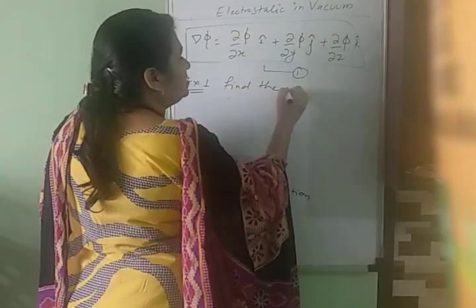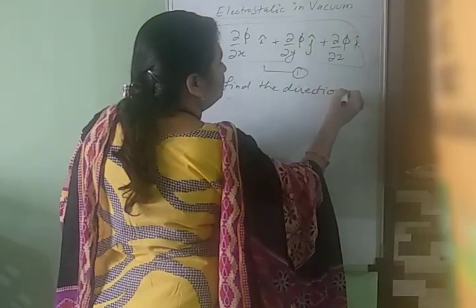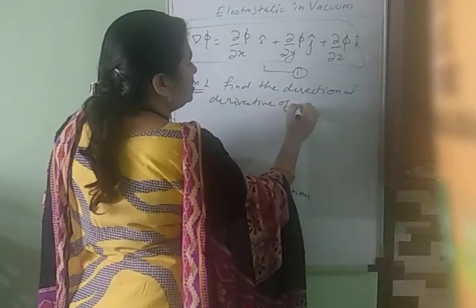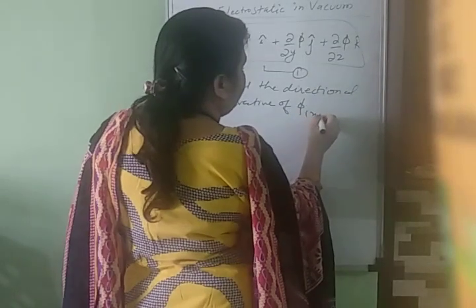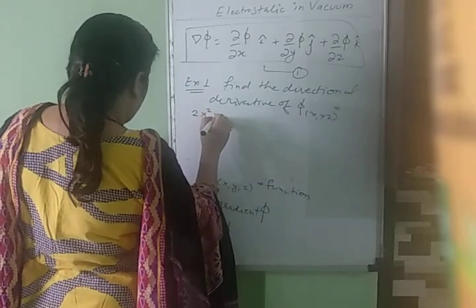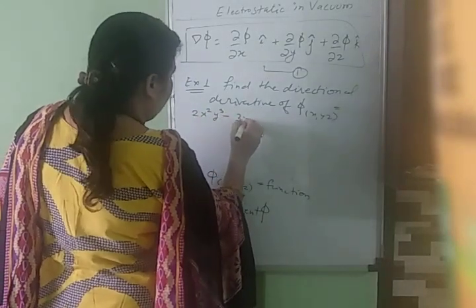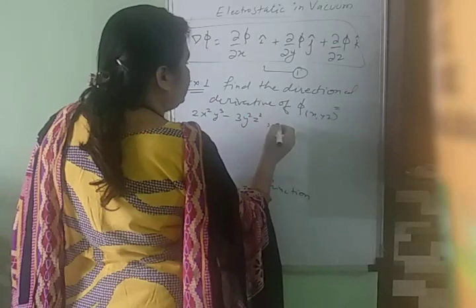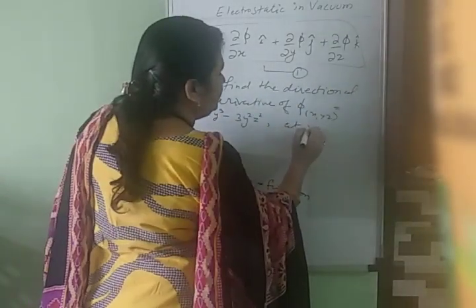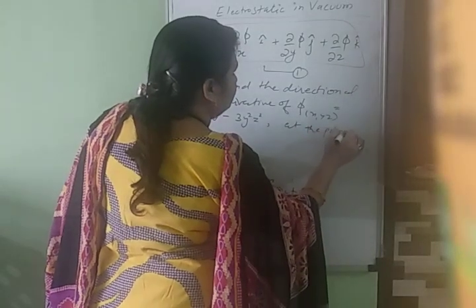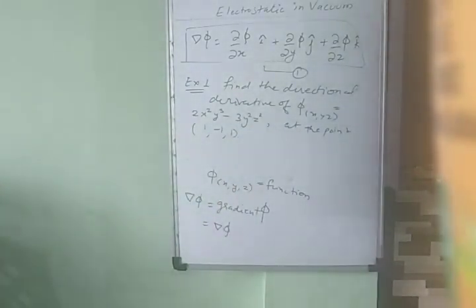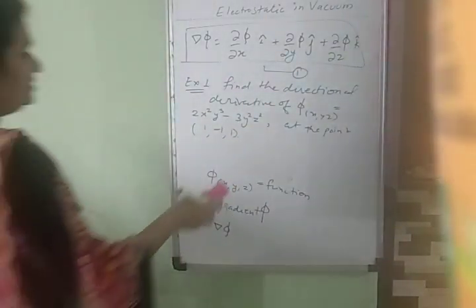Find the directional derivative of the function phi, where phi as a function of x, y and z is equal to 2x²y³ minus 3y²z³, at the point (1, -1, 1). How do we solve this question?